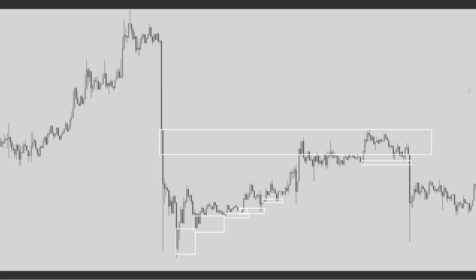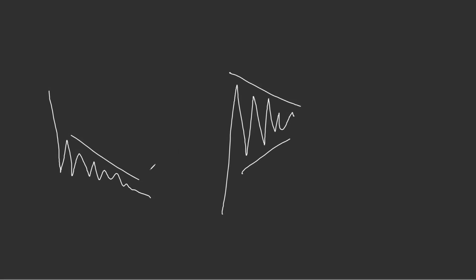So for example, I see people drawing out these kind of wedge type structures or triangles, and they'll mark them out like that or like that.